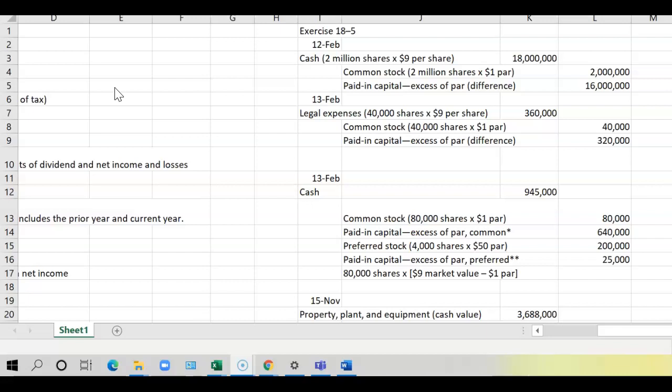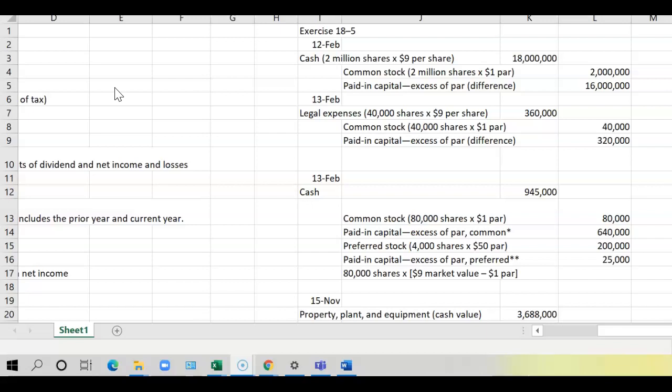On February 13th, they sold 80,000 of its common shares and 4,000 preferred shares for a total of $945,000. So here we have two stock transactions. The first is the sale of the common stock, and the second is the sale of the preferred stock. So in total, they debited cash for $945,000. Now the common stock would be the 80,000 times $1 par, which is a credit to the common stock of $80,000.